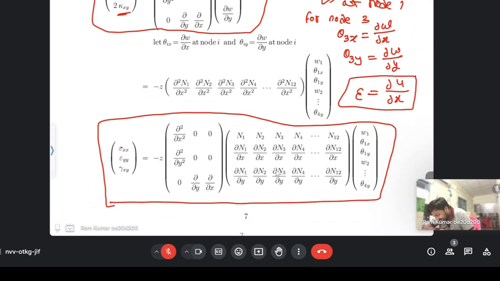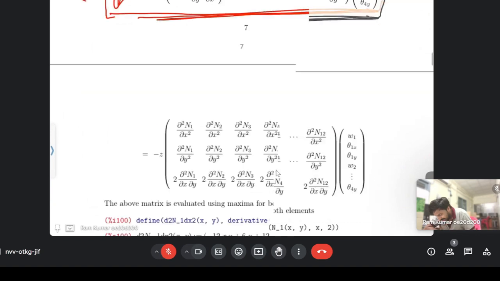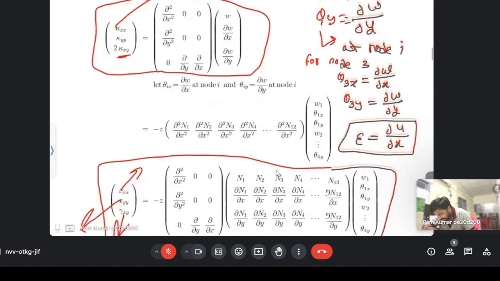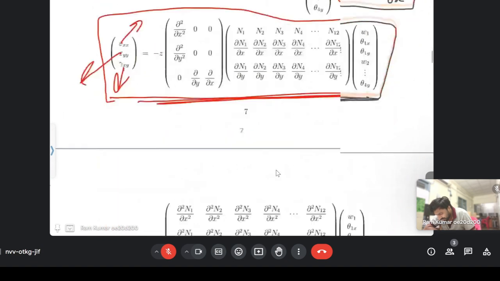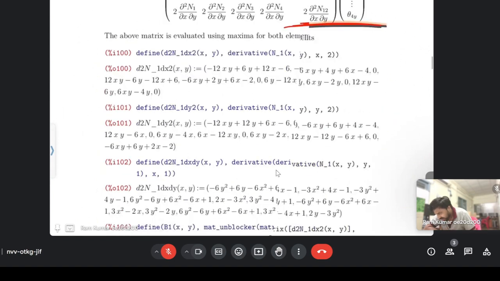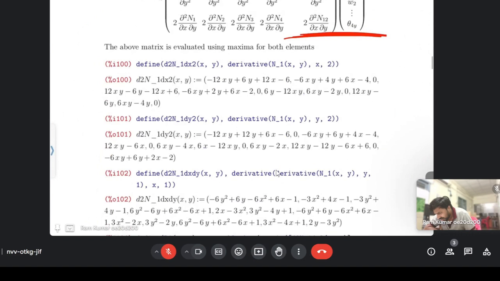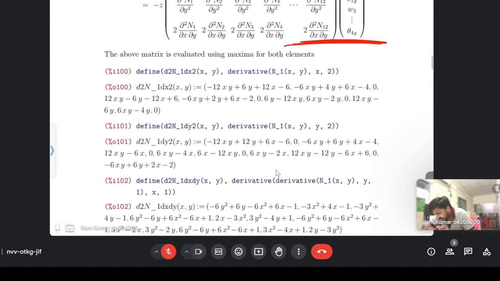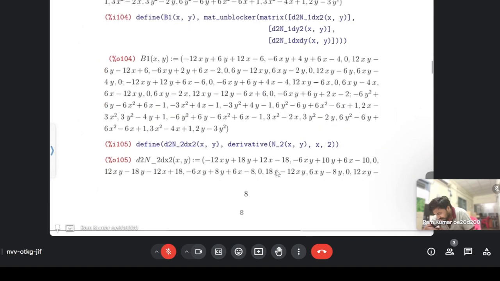So that our strain Exx, then Eyy, then gamma xy, by putting the values in this equation, what will we get? We will get it like this. This will be our final equation. This part is not required.